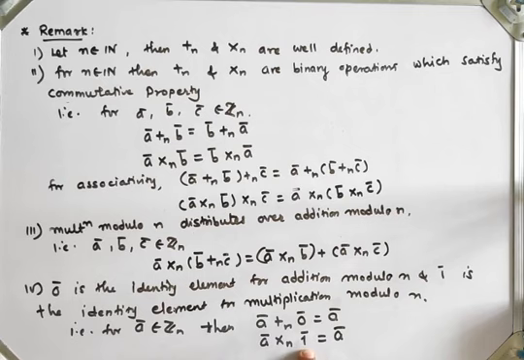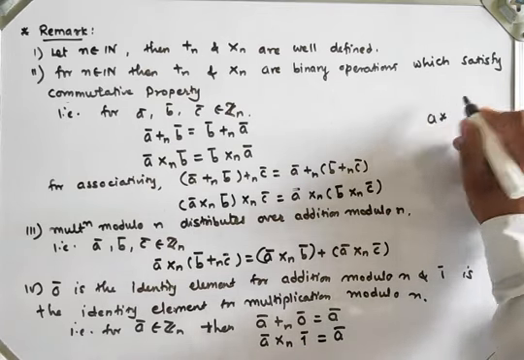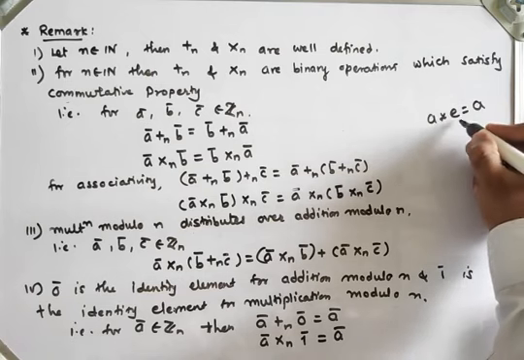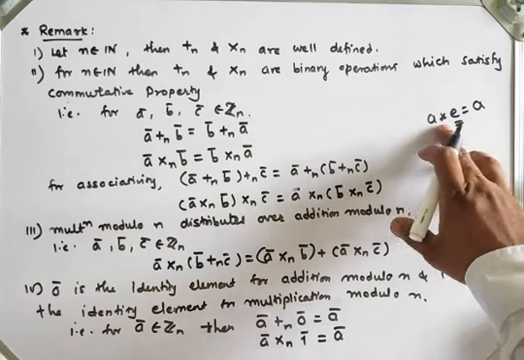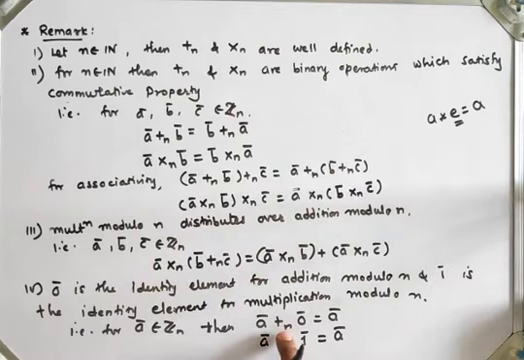So we say that if a star e is equal to a, then e is the identity and star is the given operation. So here a plus modulo n 0 bar is equal to a, meaning for the addition operation 0 is the additive identity and 1 is the multiplicative identity.